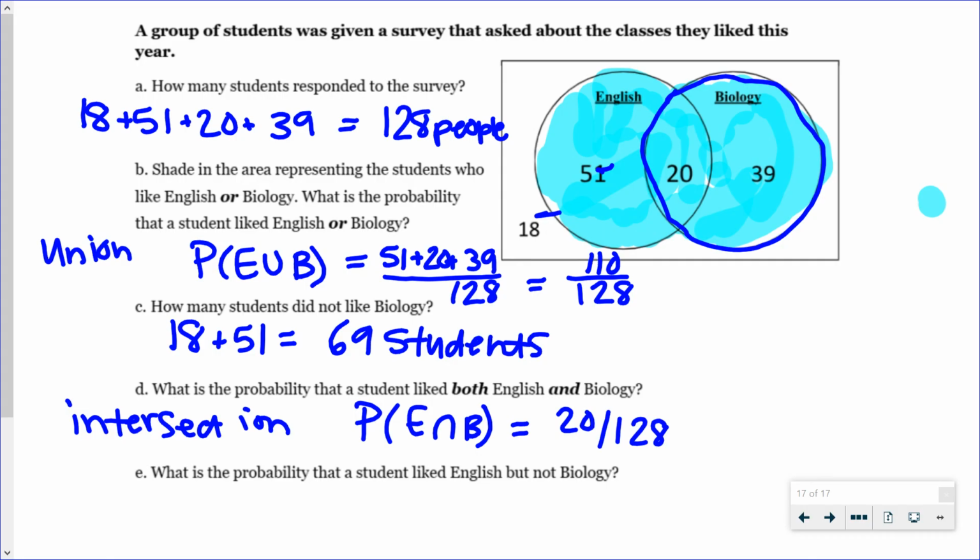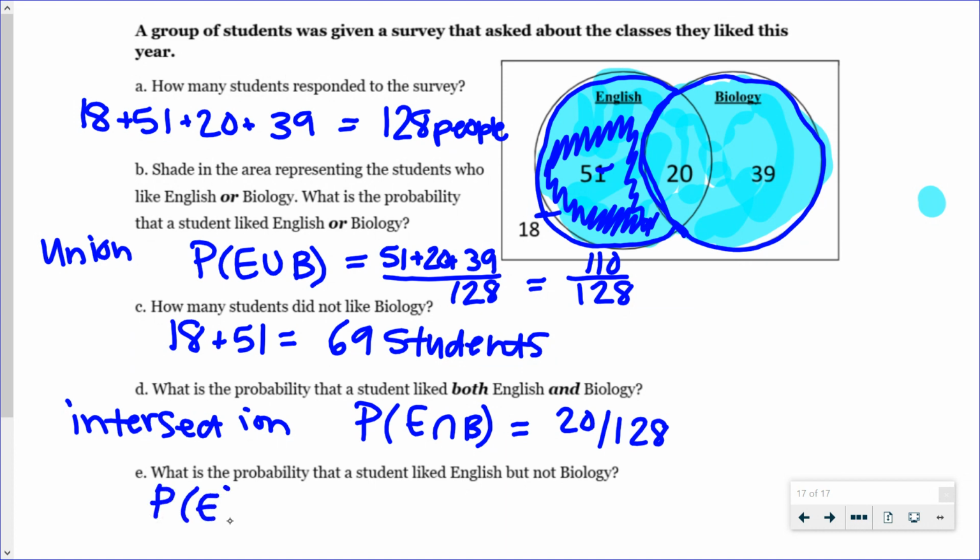And lastly, it says, what is the probability that a student liked English but not biology? Okay, so English alone, no biology. That would be just the English circle that I'm coloring in now. And we write that, remember, this is our conditional situation, so I'm going to write it as P of A minus that intersection.